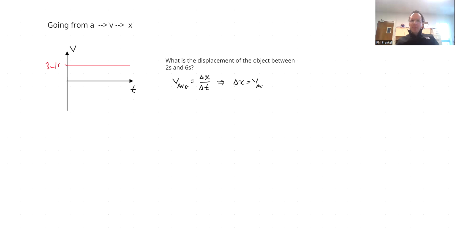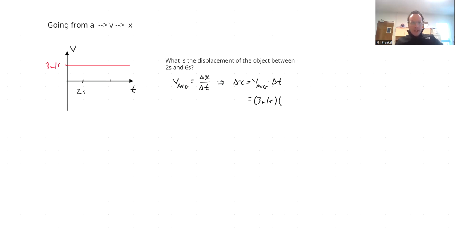So the displacement of the object is just its average velocity over a time interval times delta t, the duration of that time interval. In this case, the average velocity is just 3 meters per second, which is the same as the instantaneous velocity at any moment. And the time interval, well, we're going from t equals 2 seconds to t equals 6 seconds. So the time interval is 4 seconds.